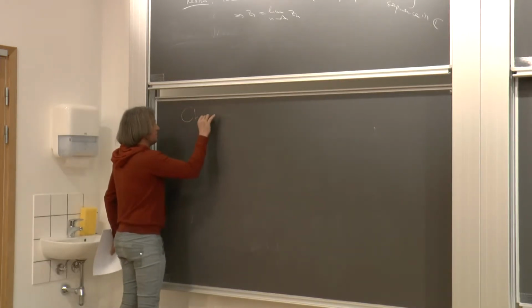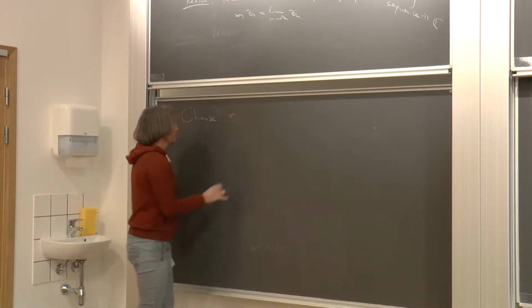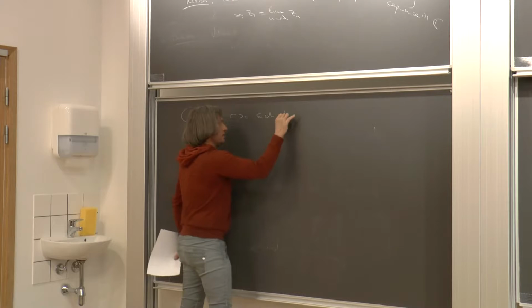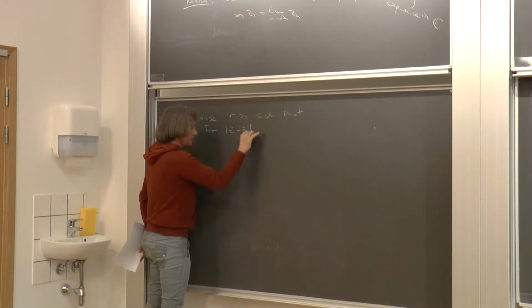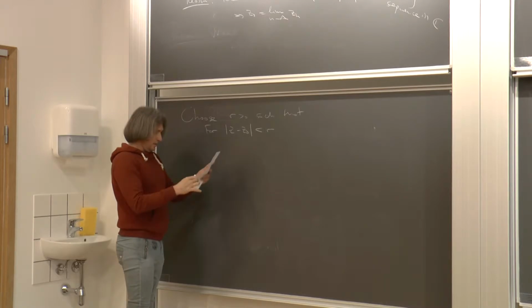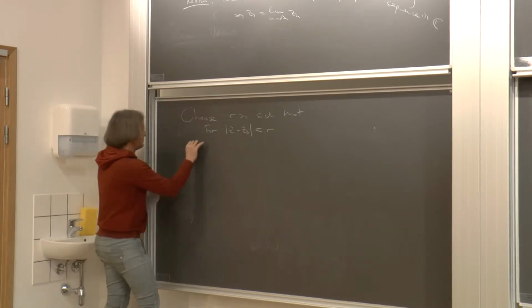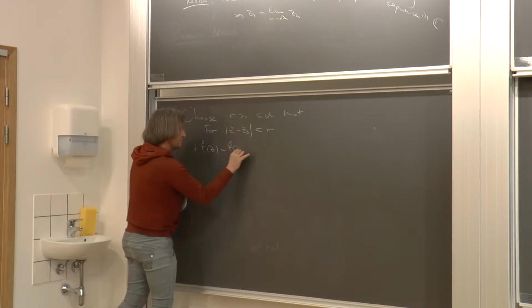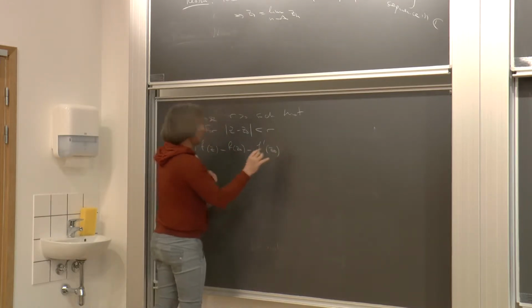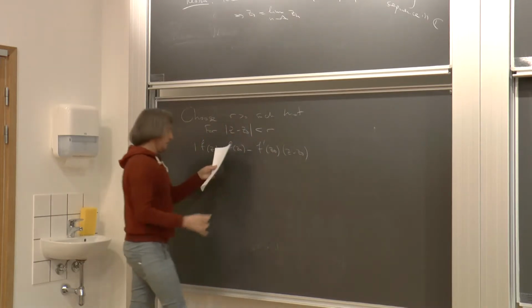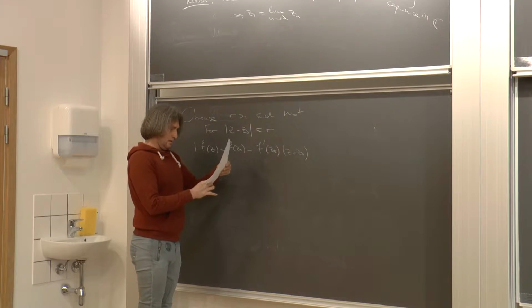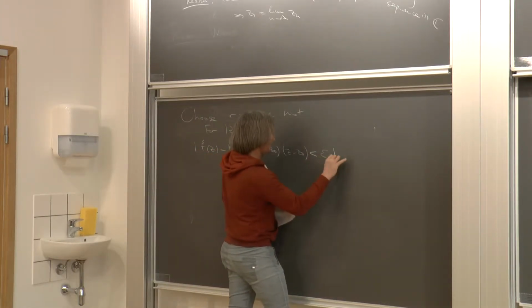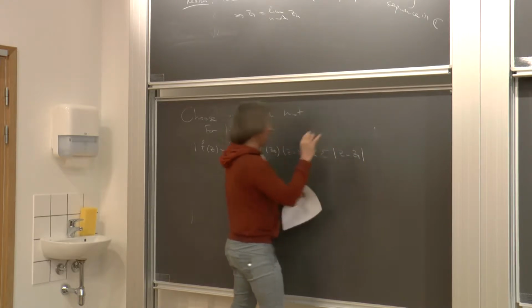Choose a disk, so r, such that for z minus z node less than r, since the function is differentiable, we can write the estimate.